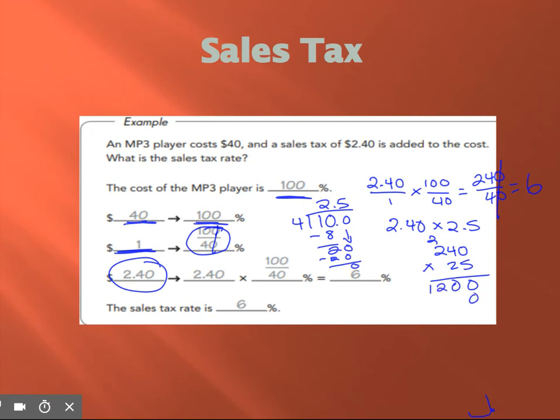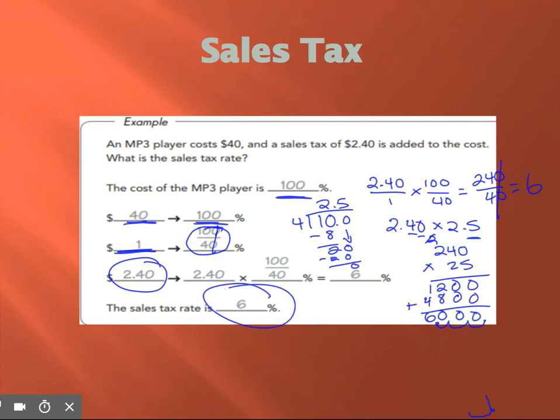I drop my 0 as a placeholder. 2 times 0 is 0. 2 times 4 is 8. And 2 times 2 is 4. If I add them together, I get 6,000. And then in my original question, I had 1, 2, 3 digits after my decimal. So I moved my decimal 1, 2, 3 places, and I get 6. So again, both ways you're getting 6%.